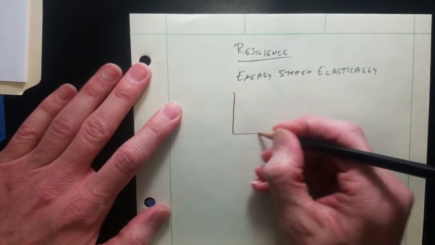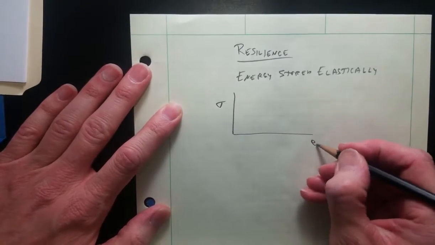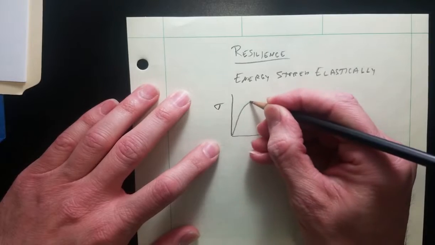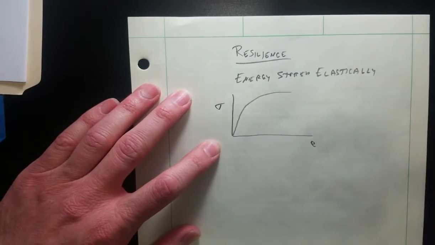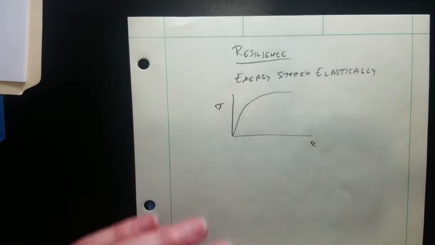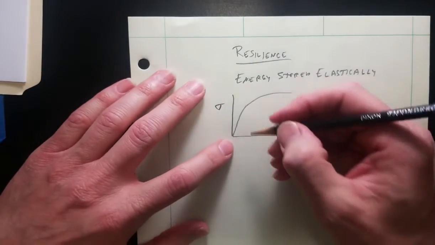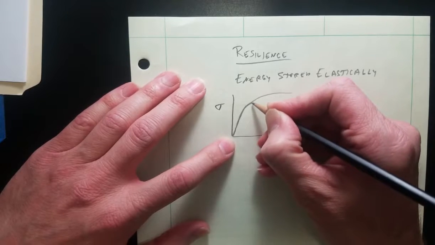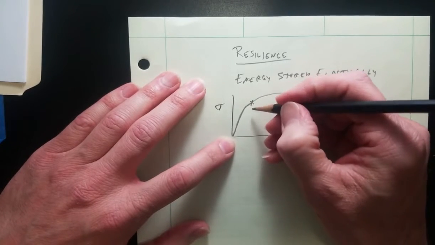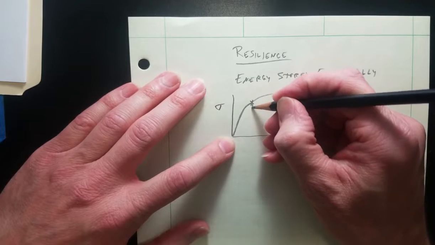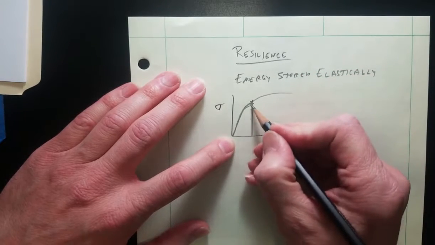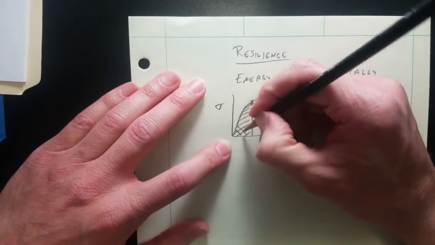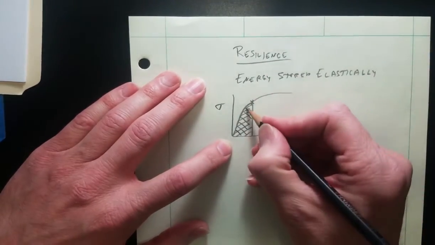So again, if we have our stress versus strain diagram, and say we're up here in the plastic regime somewhere, and we talk about how much energy is being stored elastically, well, we can go up to the yield point. So that's going to be our yield point. And if we look at the area under the curve, the area is the energy.